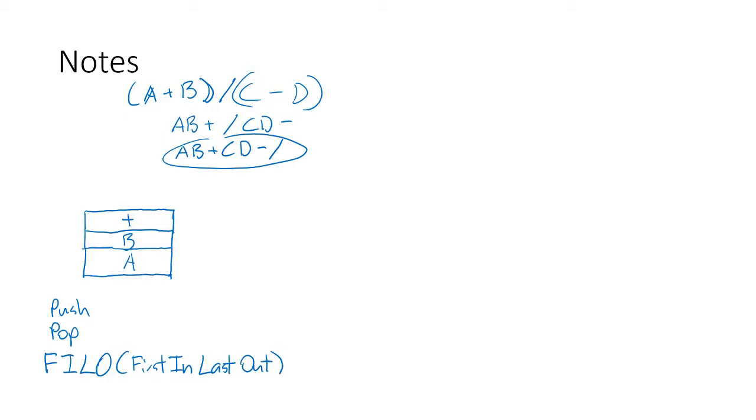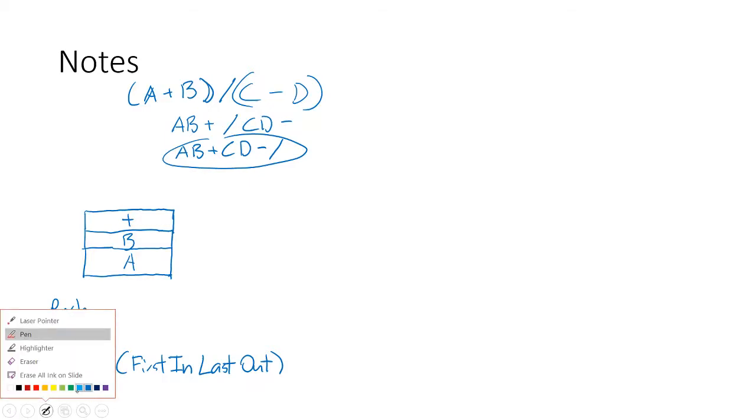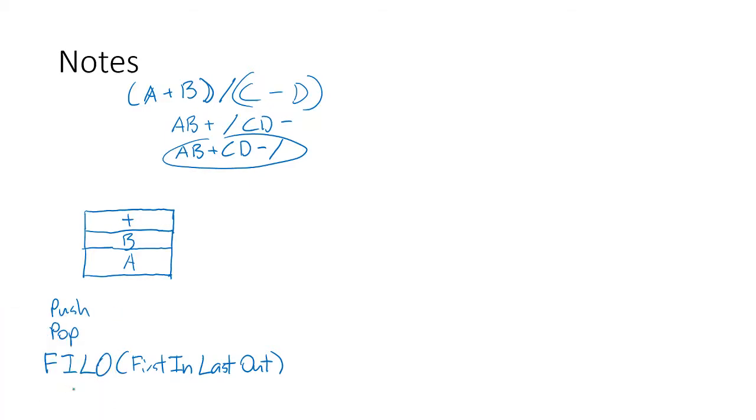Alright. Let's go ahead and change color. So when I pop that off, first thing I'm going to do, I'm going to take off that top tray right there, the plus tray. Okay, so now I have plus right here.